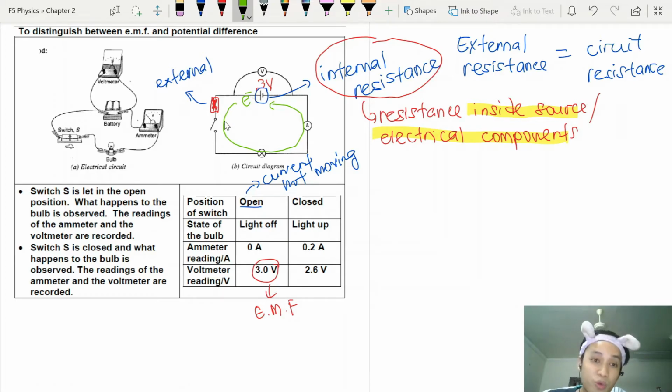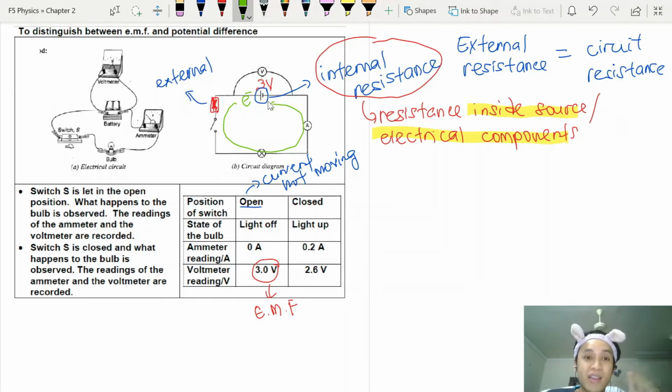When you move in the circuit, not only you need to consider external circuit but also internal circuit, like internal resistance. External resistance and internal resistance, meaning the resistance inside the battery. Every time when the electron moves, when they go back to the battery to refill, just now I mentioned that they need to go back to the battery in order to refill back their energy.